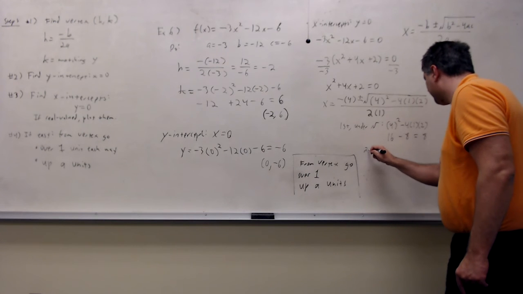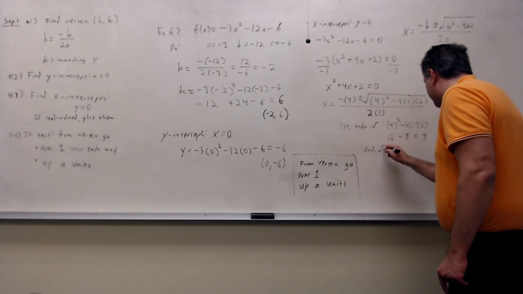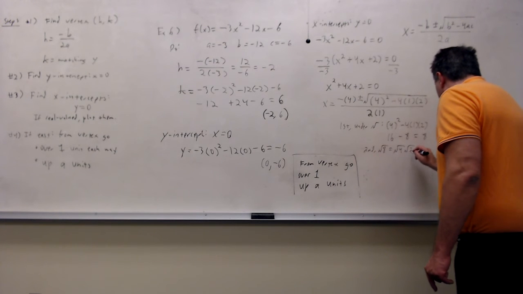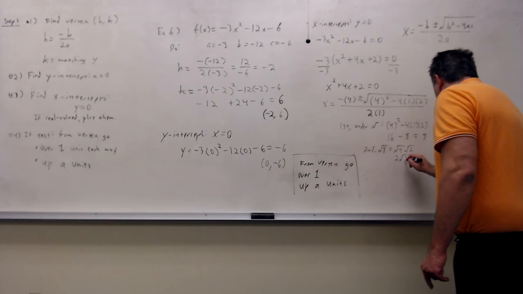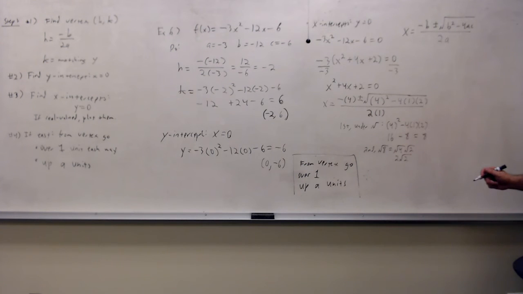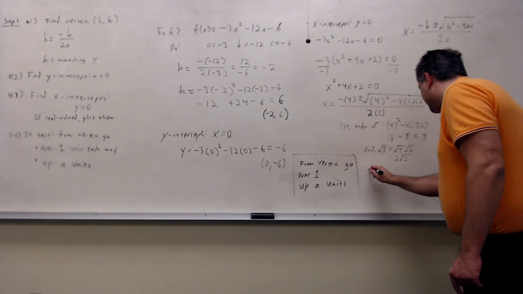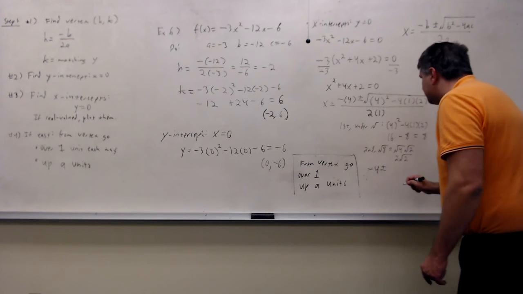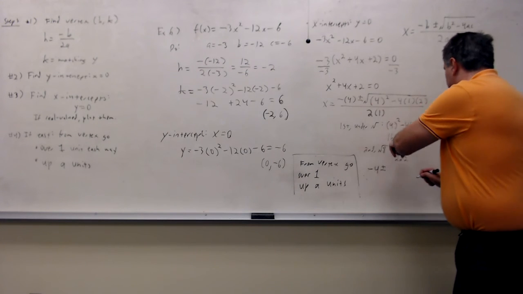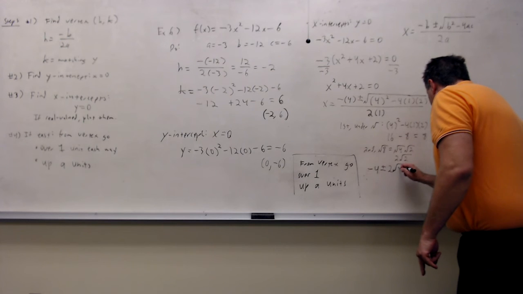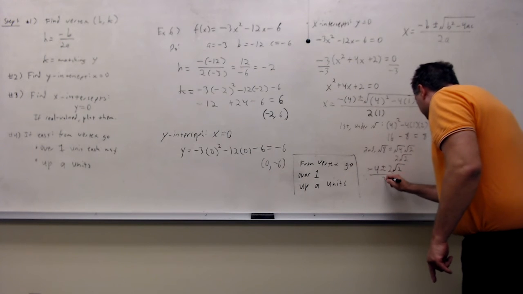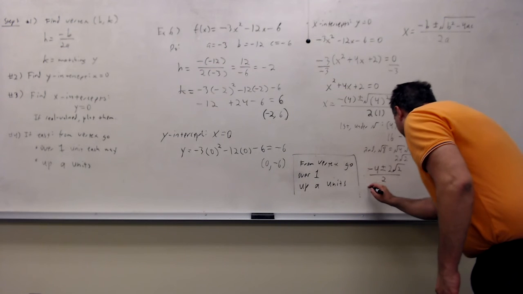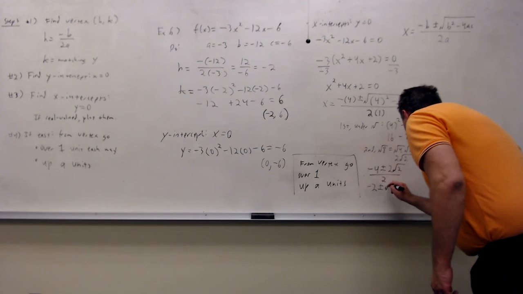Second, square root of 8 is square root of 4, square root of 2, gives me 2 square root of 2. So negative 4 plus or minus 2 square root of 2 over 2 gives me negative 2 plus or minus the square root of 2.